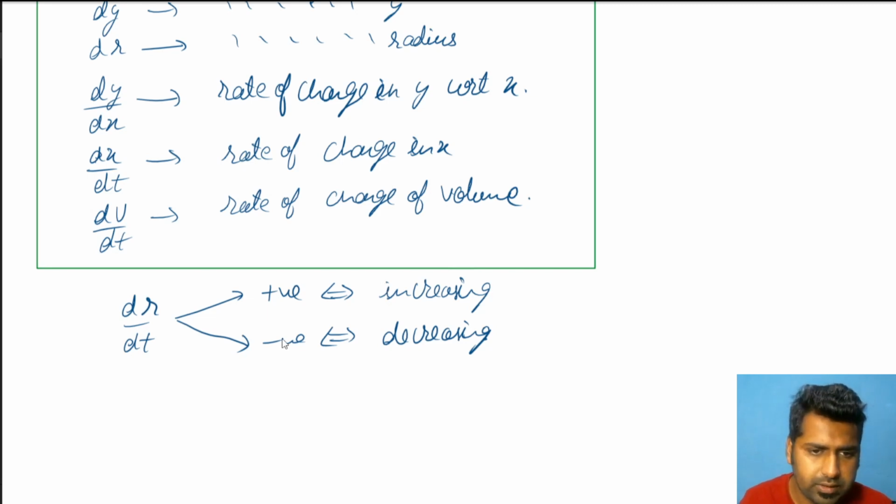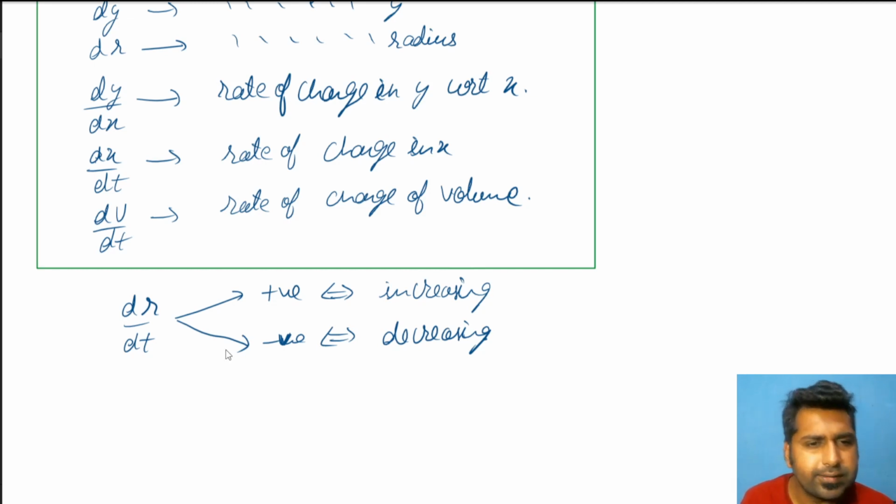If the radius is changing at the rate of 10 centimeter per second and it is increasing, you apply dr by dt equal to plus 10. If it is decreasing, then apply minus 10. Increasing, decreasing is done.